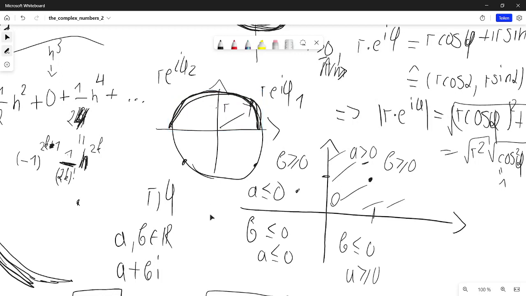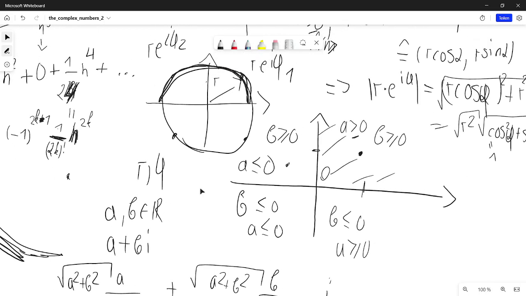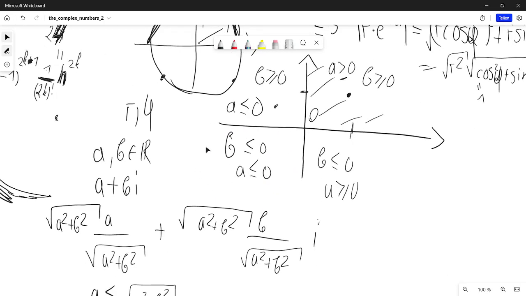Or we could just take the cosine of something else. You see, if we are in here, we could just take the same absolute value, but revert our p.